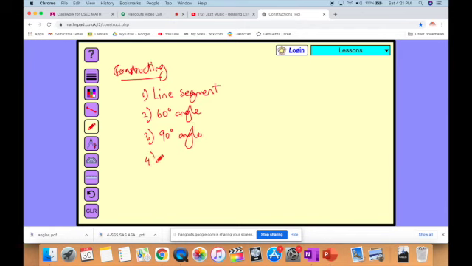Number four, we learned to bisect the 60 to give us 30, 15, 7.5, or you could go even more and more. And number five, we learned to bisect a 90 to give us 45, 22.5, or you could keep going more and more if you want.